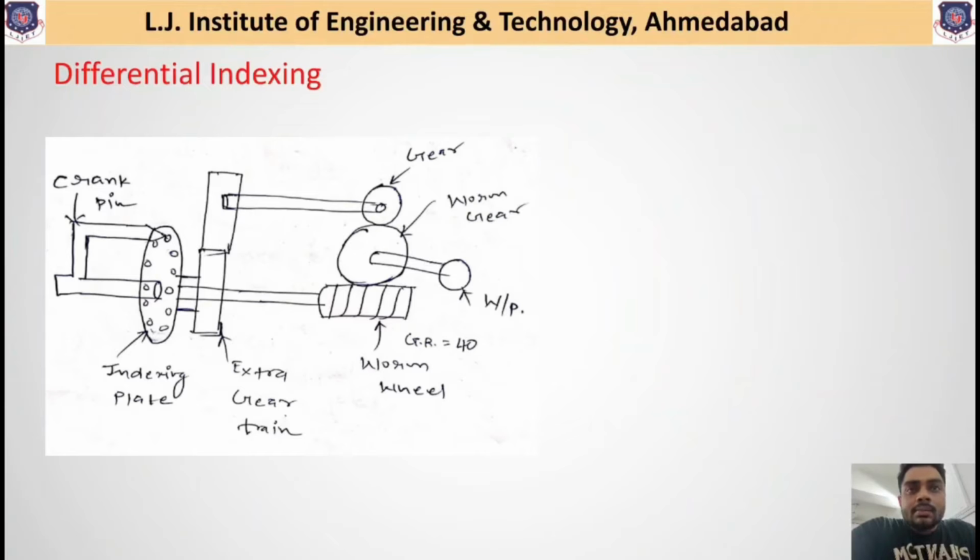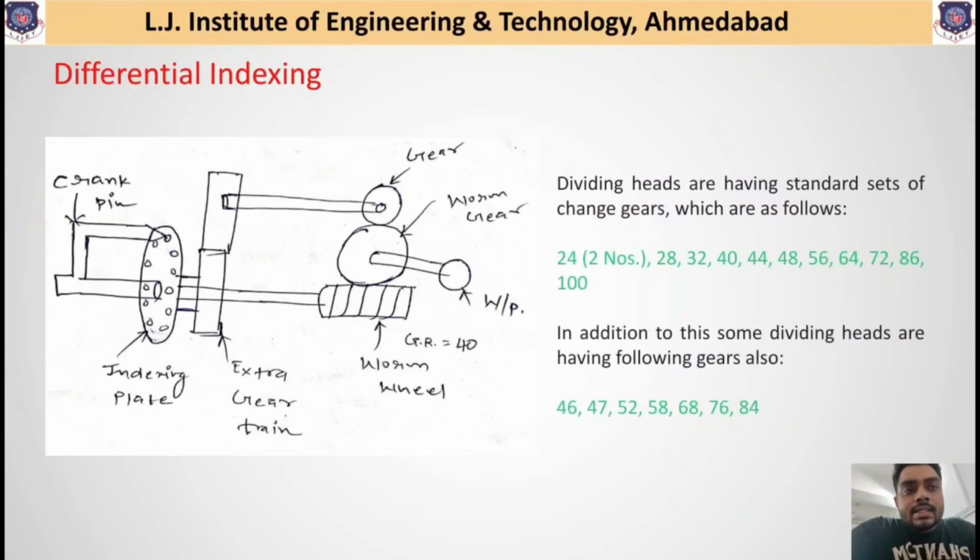So the standard gears available in the dividing heads are: there are two sets that have 24 teeth, and the other gears available have teeth that are 28, 32, 40, 44, 48, 56, 64, 72, 86 and 100, and all these numbers you need to memorize.